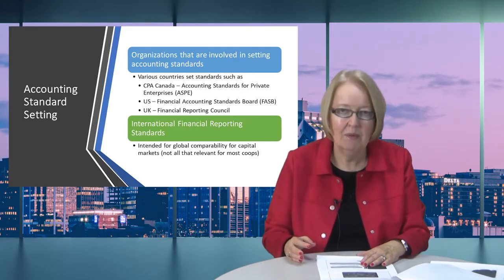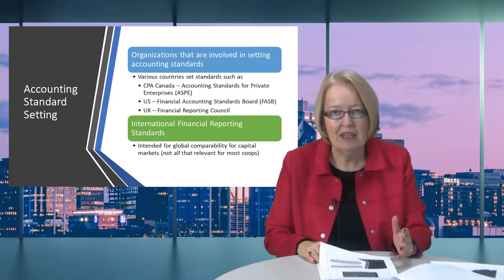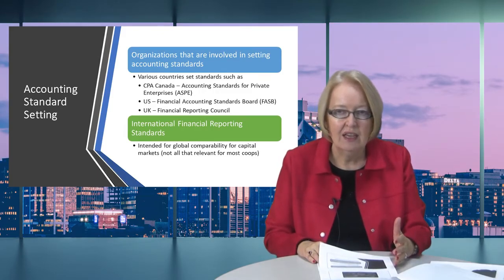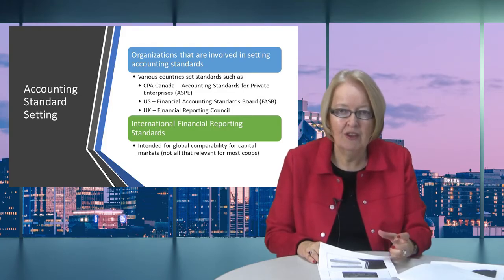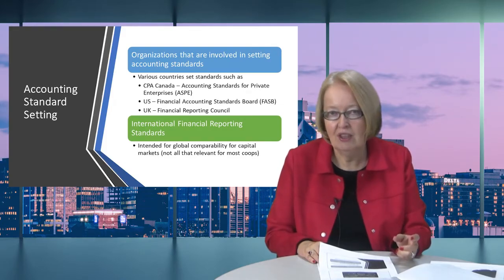So some cooperatives do adhere to IFRS. In Canada, for example, it's typically those that are what we call publicly accountable. So if you hold funds on behalf of others, then you are required by law to use IFRS.